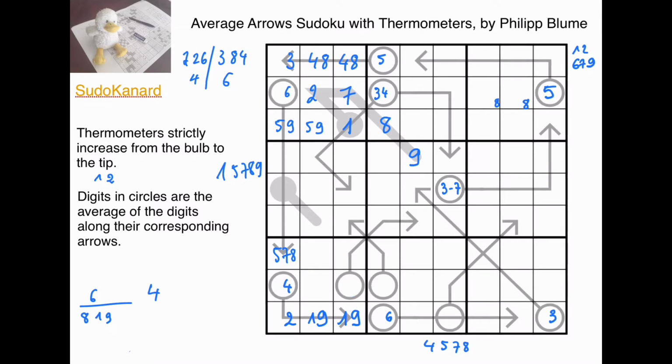This is 3, 5, or 6. Three doesn't sound very likely either, because this is at least 5. Oh, actually it would work with 3, 5, 1, and 3. So there's no reason to rule 3 out.